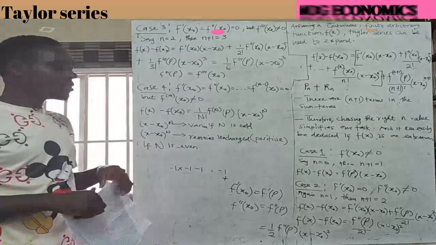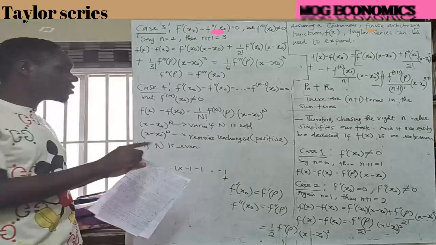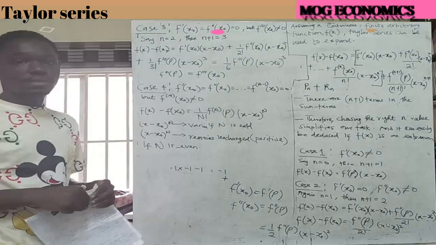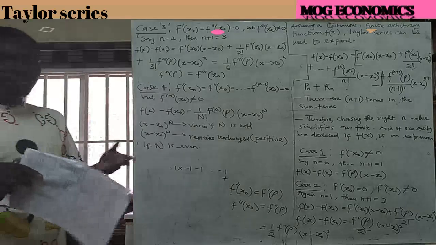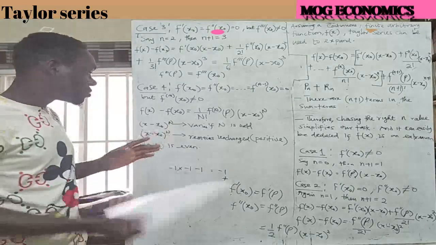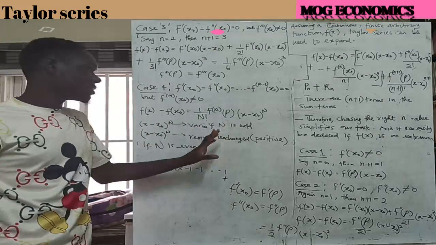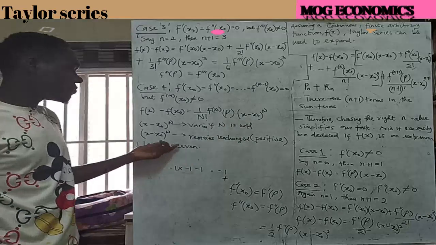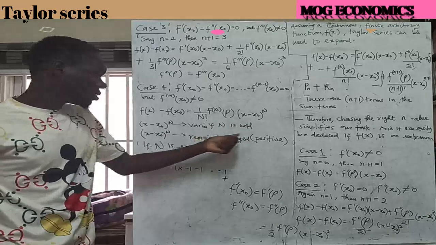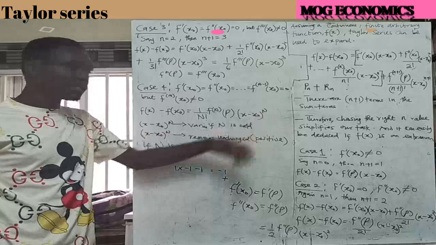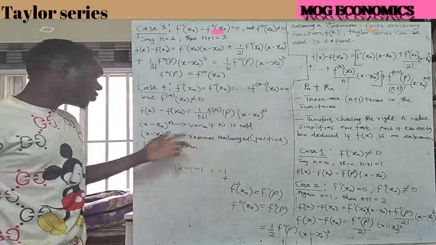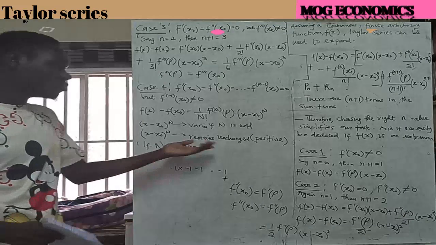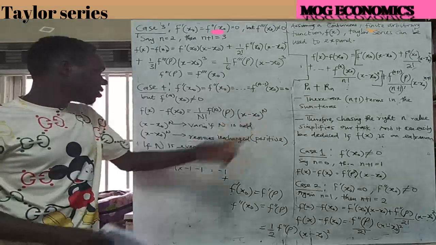So in that case, it will be some sort of an inflection point, where the curve will change from being a minimum to a maximum, or from a maximum to a minimum. So the sign varies. But if it is even, let's say 2, 4, 6, and so on, this will remain unchanged. It will be positive.